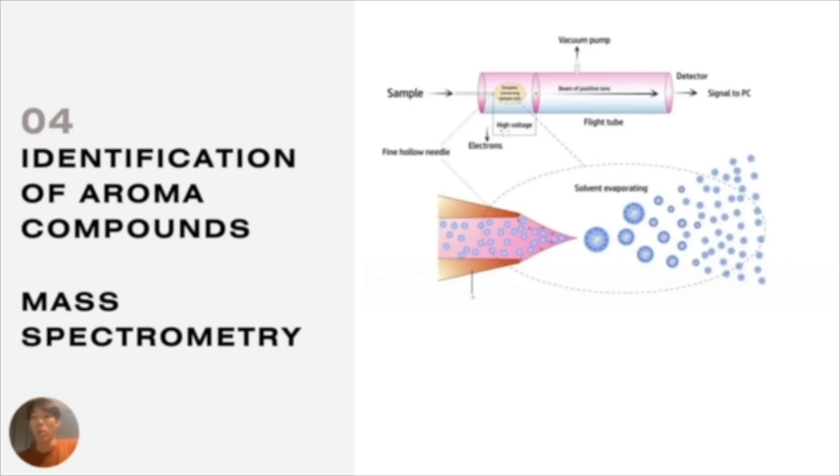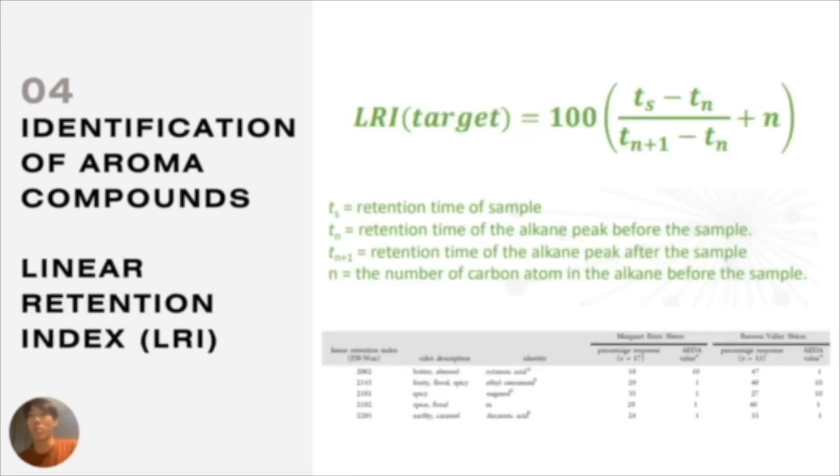Another way in which we could also identify the compounds within our samples is through linear retention indices, or LRI for short. LRI is a parameter which is used in GC to characterize and identify compounds based on their retention times.